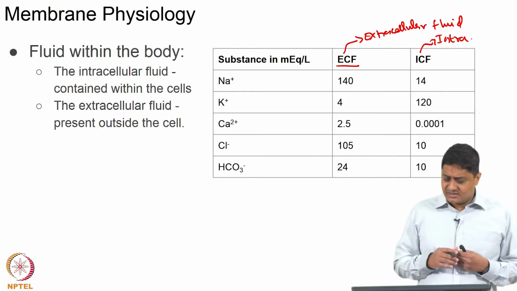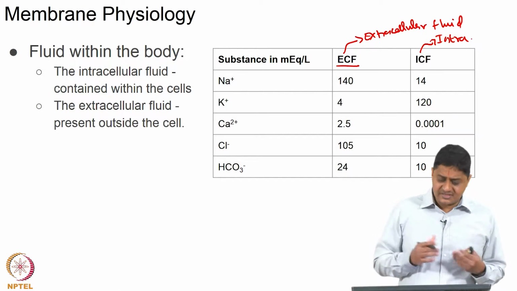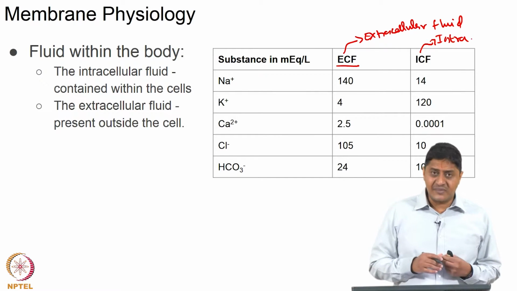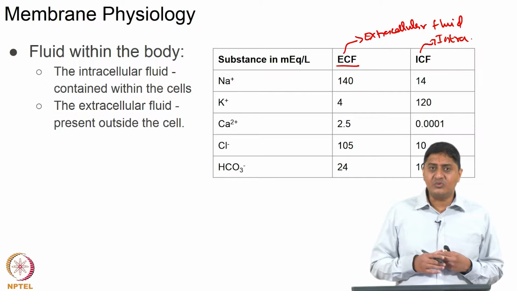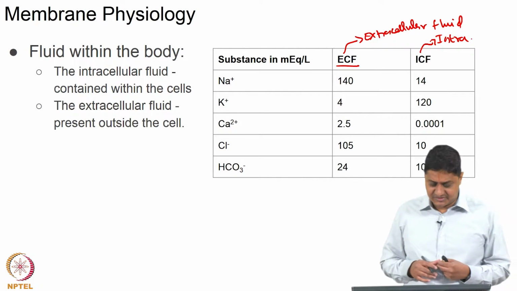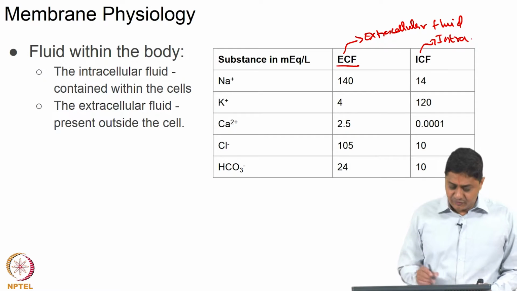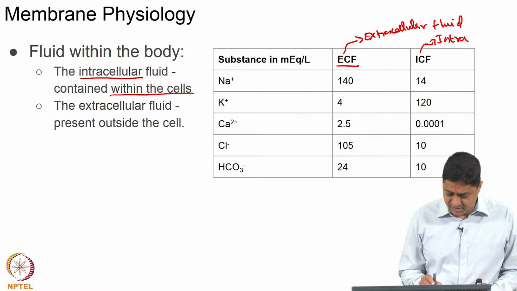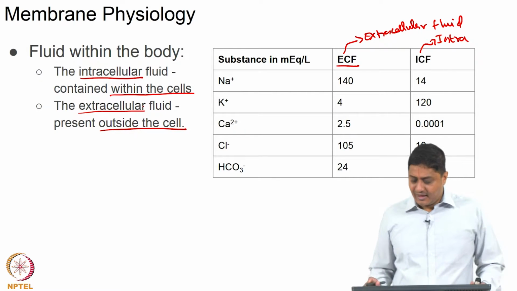Of this, about 2/3 of the fluid is present in the intracellular matrix, or within the cell, and about 1/3 of the fluid is present in the extracellular matrix, right. So, the fluid that is contained within the cell is called intracellular fluid, and the fluid that is present outside the cell is called extracellular fluid.